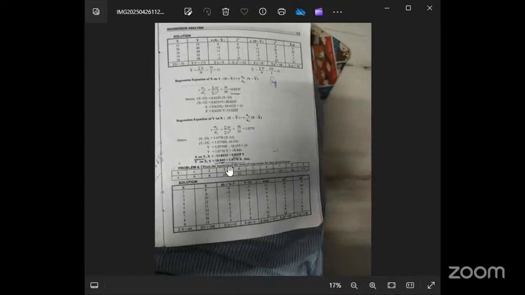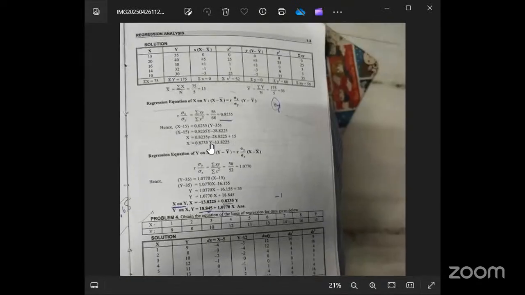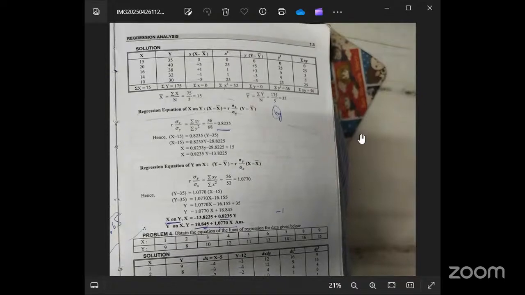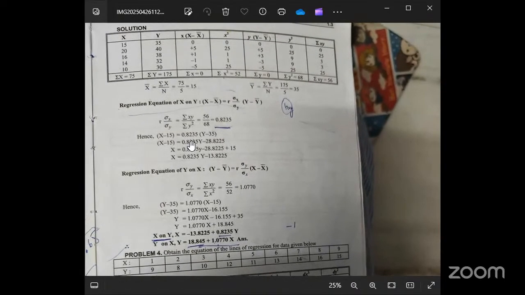This is the problem for that question. Just give a glance at how we got these values.